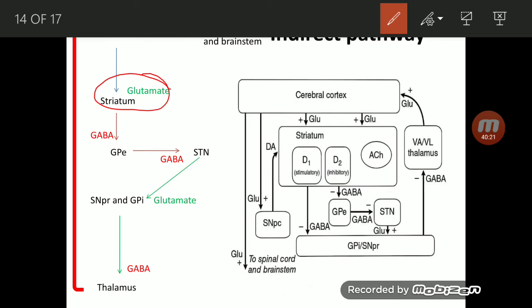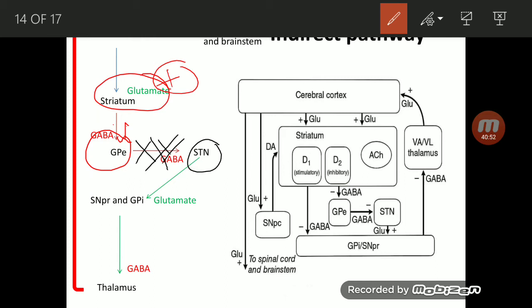Your striatum gets activated, and on activation of your striatum, it is going to release your GABA. Since GABA is inhibitory in nature, it goes and inhibits your globus pallidus externa. So it inhibits further release of GABA into your subthalamic nucleus.